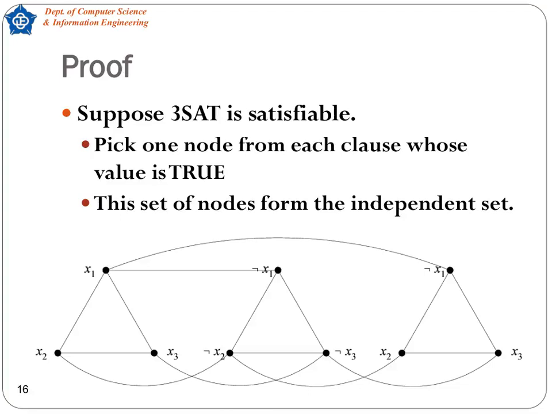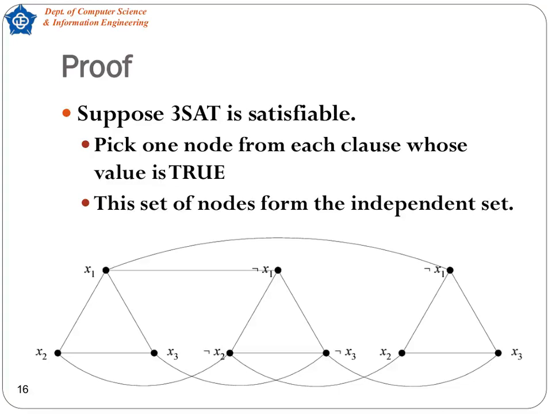Now, using our satisfying assignment, we choose exactly one true-valued node from each triangle. None of these chosen nodes share an edge. They lie in different clause triangles, and the only cross-triangle edges join contradictory literals, which our assignment never selects. Thus, those nodes form an independent set, whose size equals the number of clauses, completing the forward direction of the reduction.